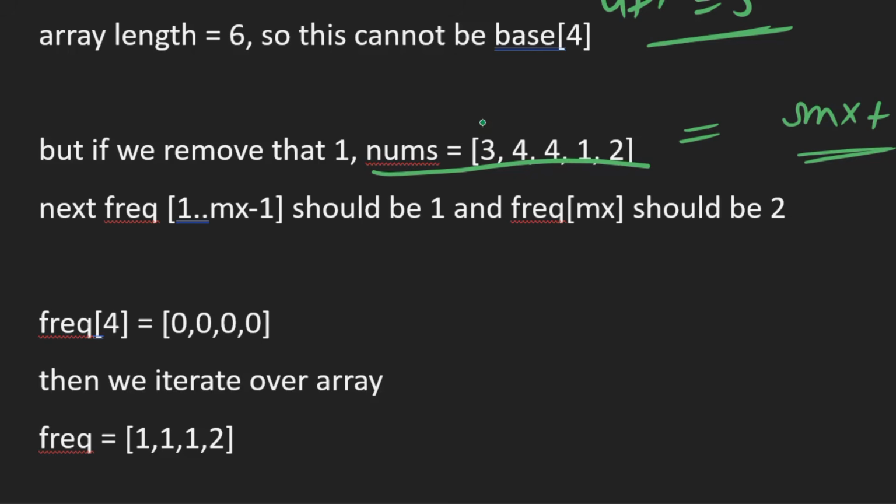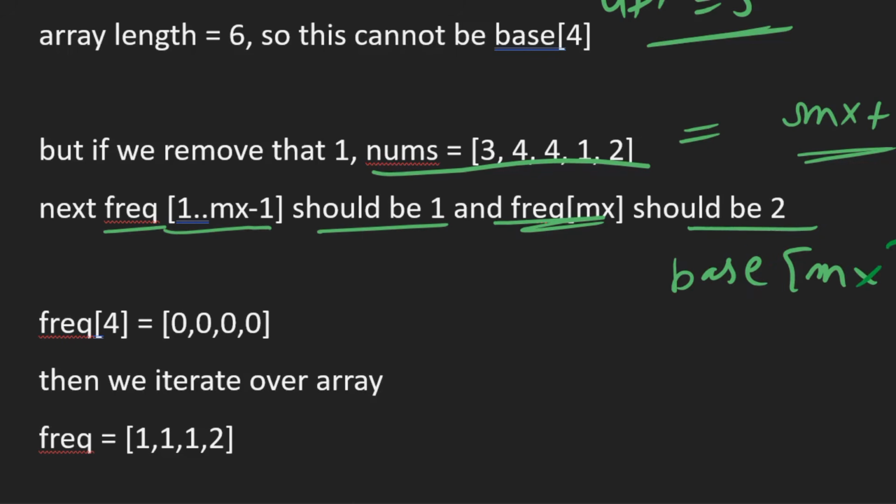Now next thing we need to do is check the frequencies. That frequency of 1 to mx minus 1 should be 1, and frequency of mx should be 2 as per the base of mx rule, right? So initially we have taken a frequency array of size mx with all the elements 0, and then we iterate over the array and store the frequency of each element.